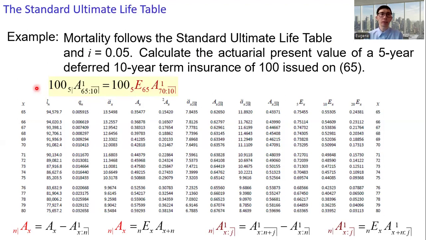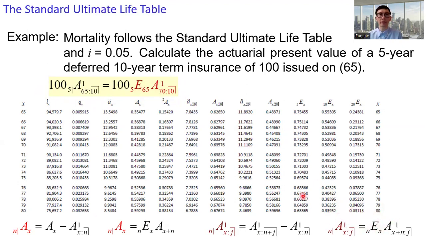We can express this as 5E65 times a 10-year term insurance issued at age 70. And this can be found with this expression.